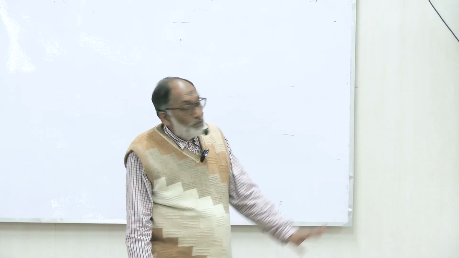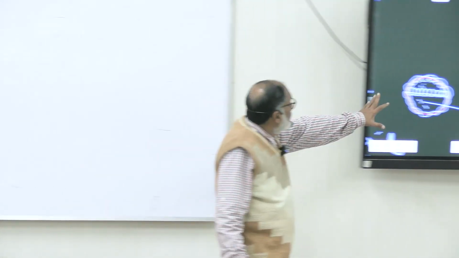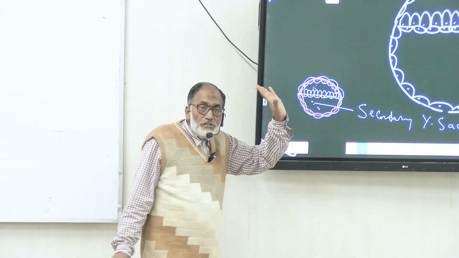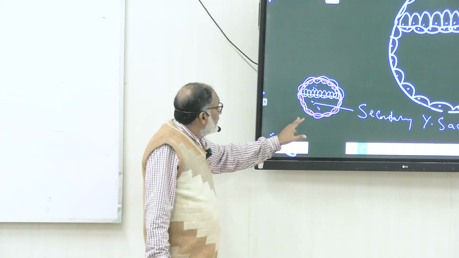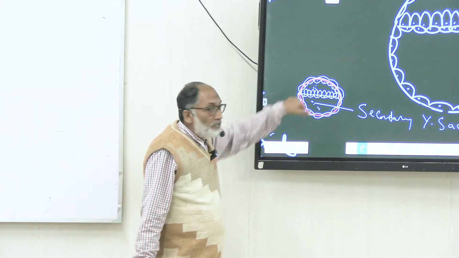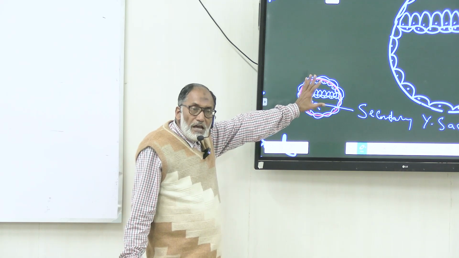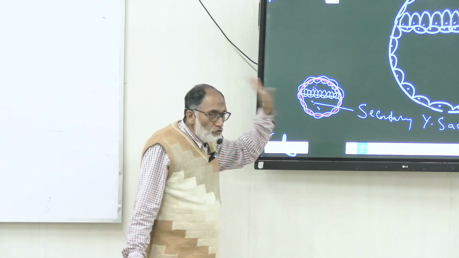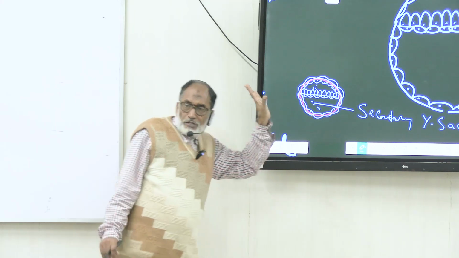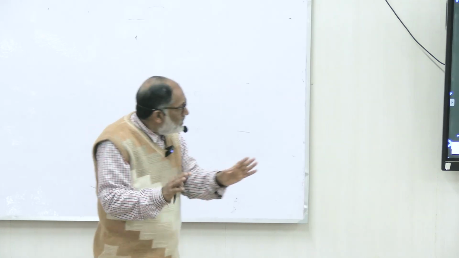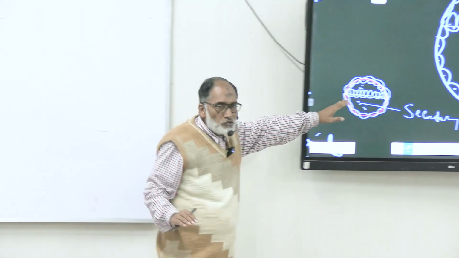Is it clear? These three layers: the most outer layer is trophoblast. The red one is extraembryonic mesoderm. Inside, there are two cavities. The upper cavity is known as the amniotic cavity. The lower cavity is known as the yolk sac. The yolk sac is lined by Heuser's membrane, whose cells have come from the hypoblast.